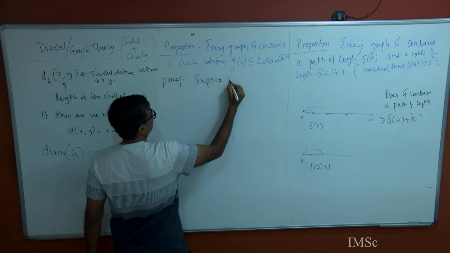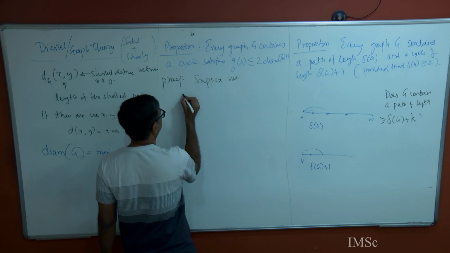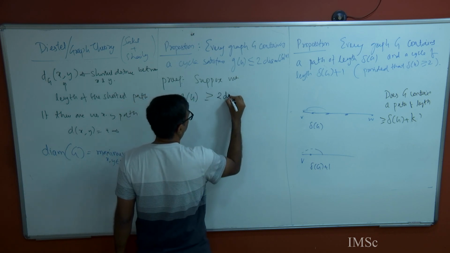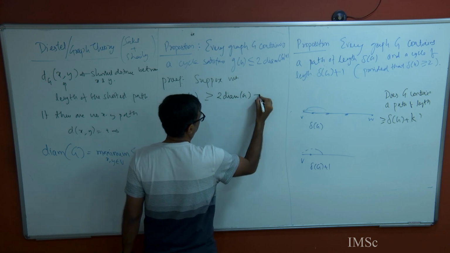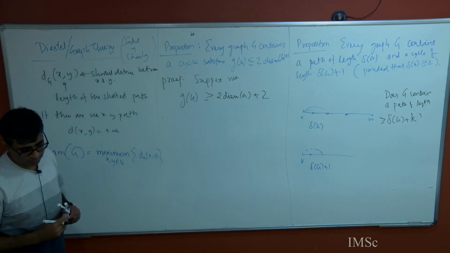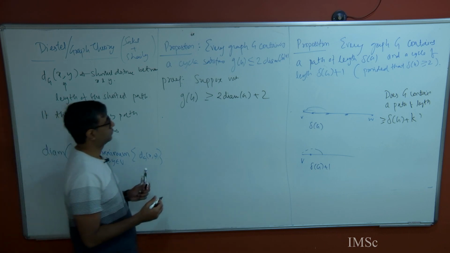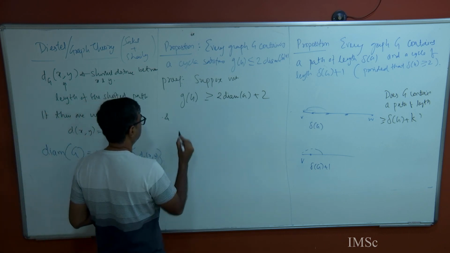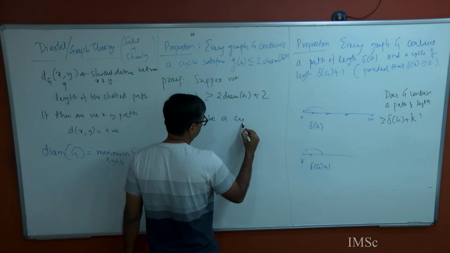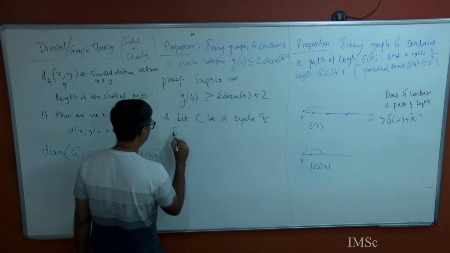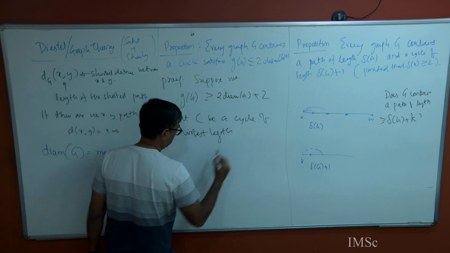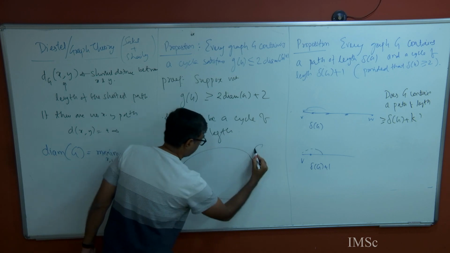Suppose not, and let's say the girth of the graph is larger than that. Let's look at the shortest length cycle.